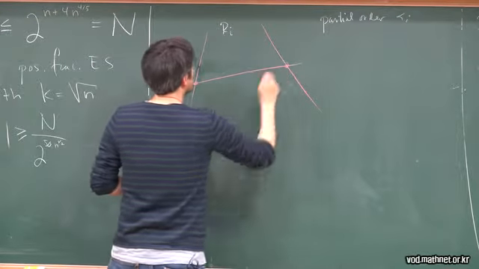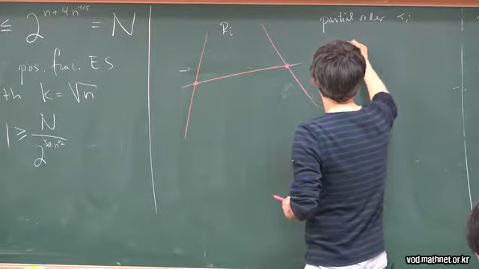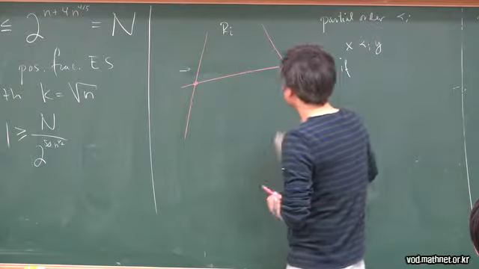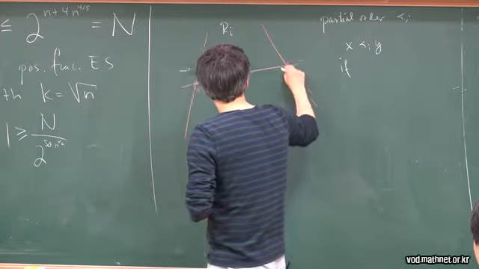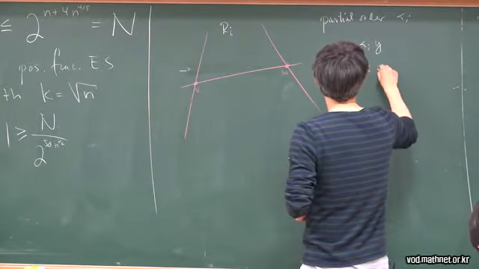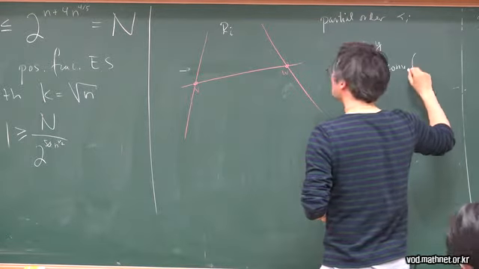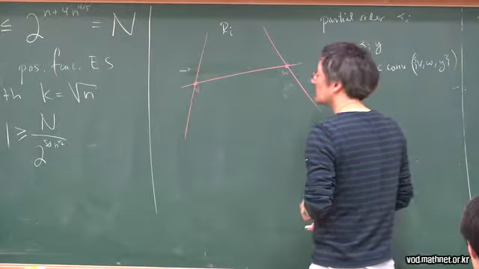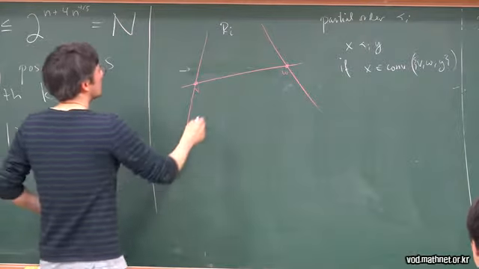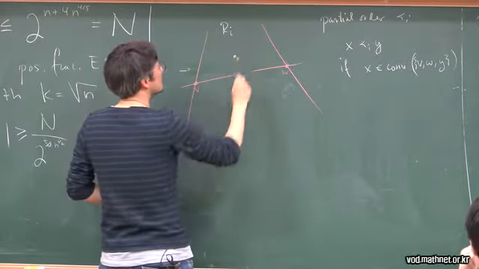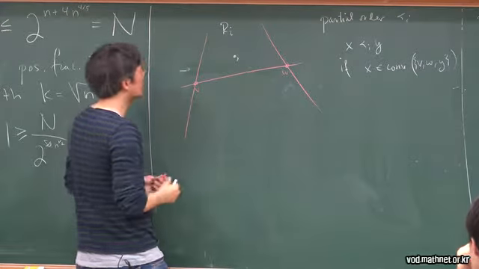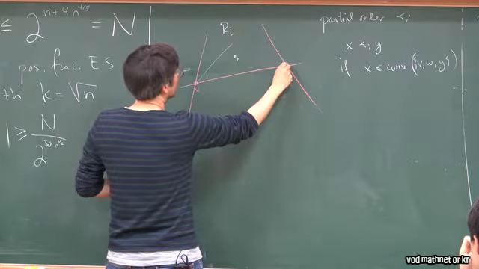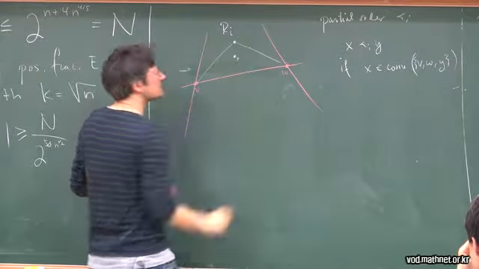You take these endpoints, let me call them v and w, and I'll say that x is less than y if x is in the convex hull of v, w, y. So I have a point here. This is x. X is below y in the partial order if x lies in the triangle spanned by these bounding vertices and y, like this.